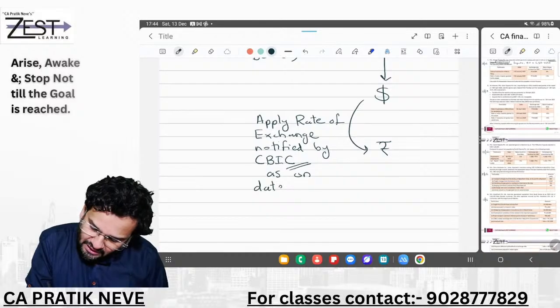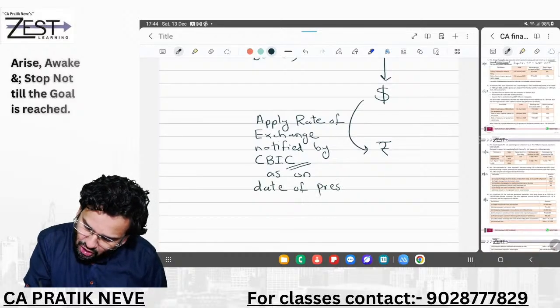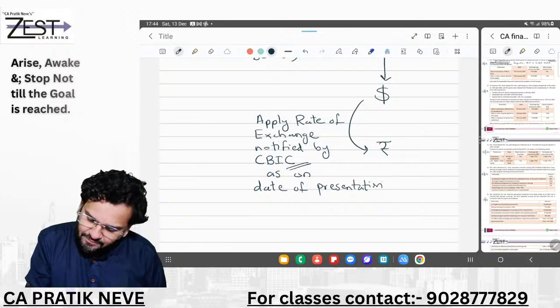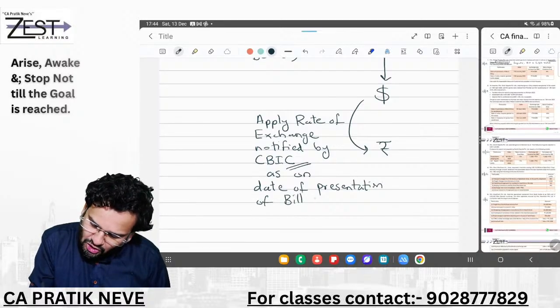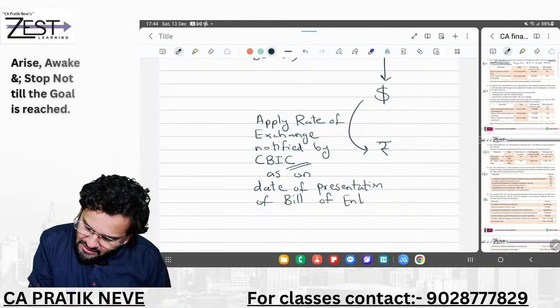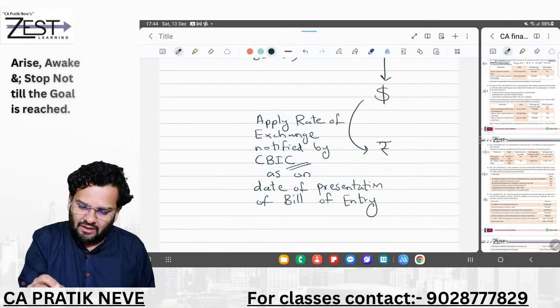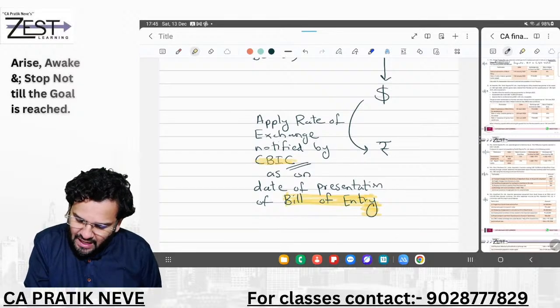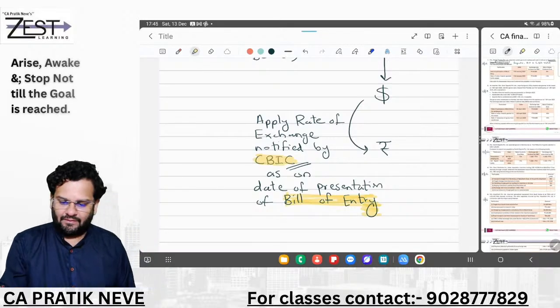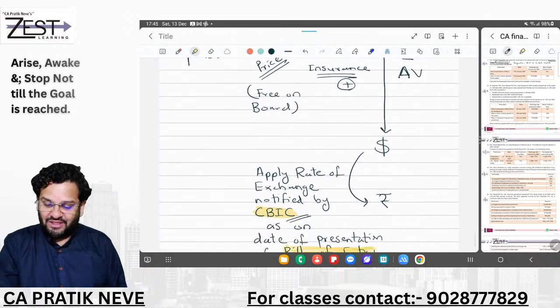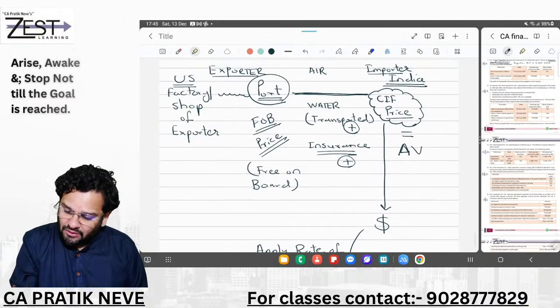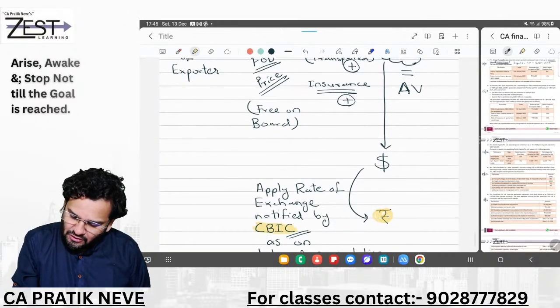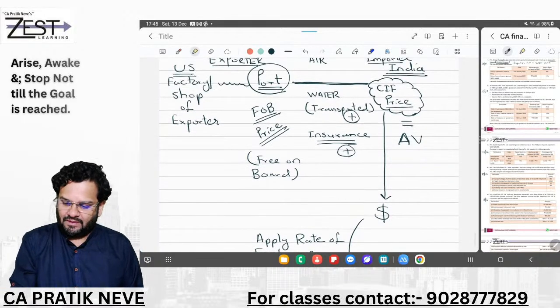As on the date of presentation of the bill of entry. Remember this. All of you comfortable? As on the date of presentation of the bill of entry, you will apply the rate of exchange notified by CBIC. Clear? Then you will convert your CIF value, that is assessable value, into rupees. Make sense?